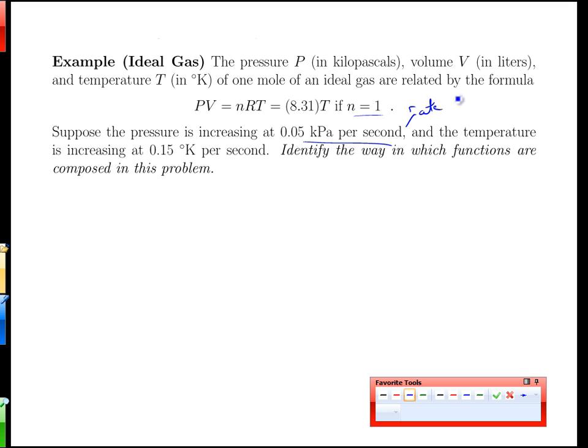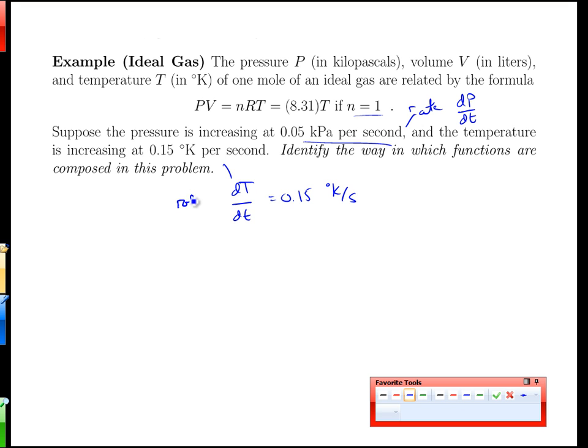And in fact, we can put some formal letters on this. This is the pressure increasing with respect to time. So just from the variables that we're studying, we know that it's pressure with respect to time. And the temperature is increasing at a rate of 0.15 degrees Kelvin per second.